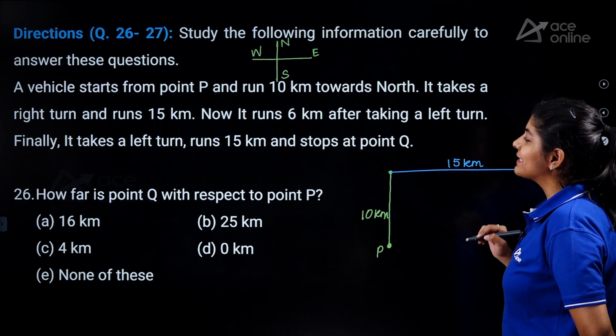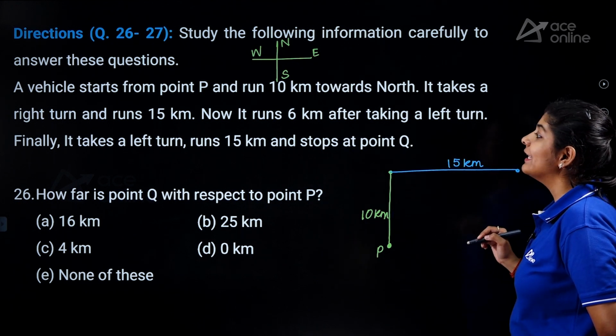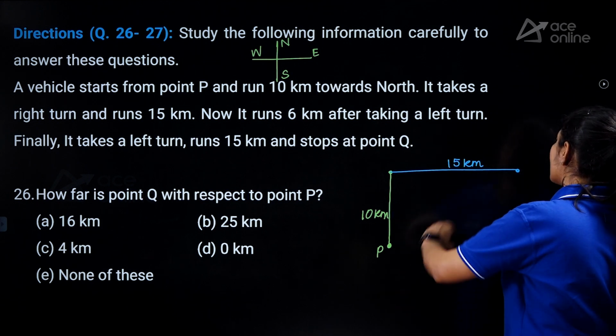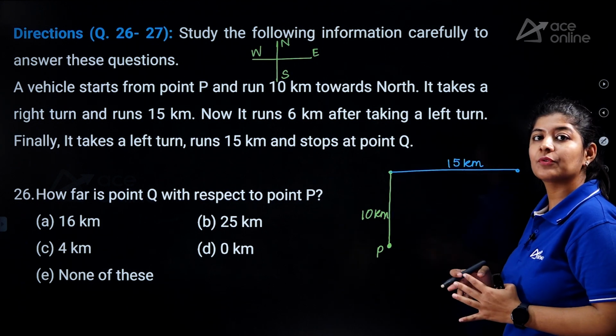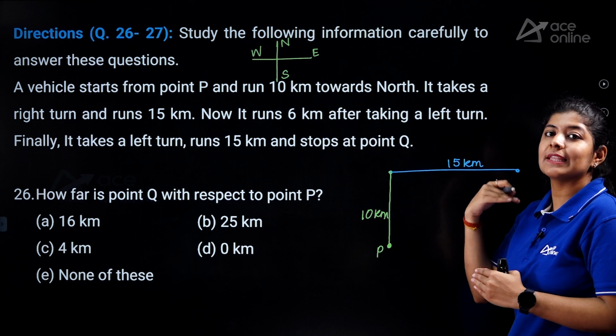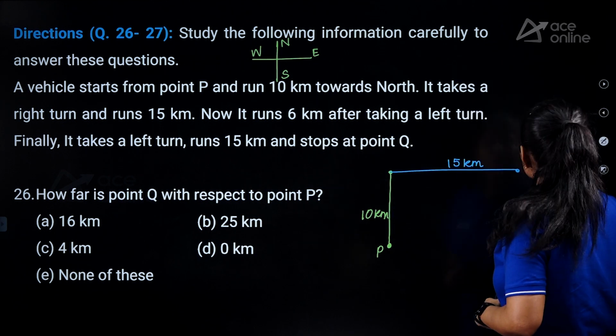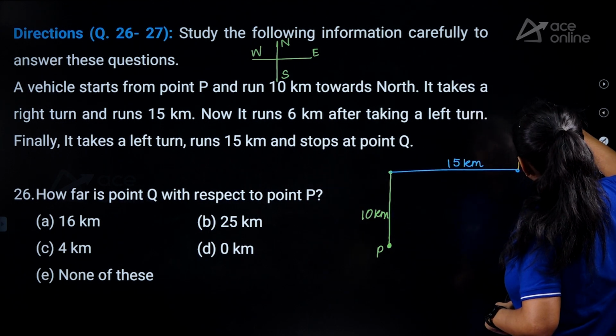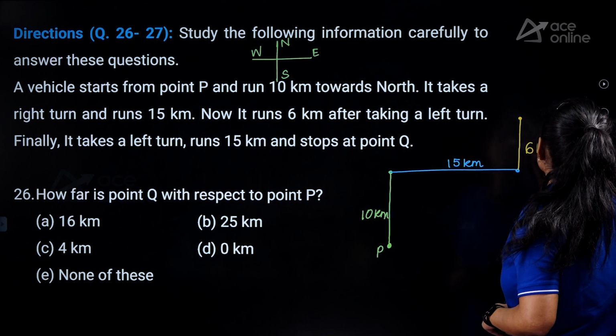Now it runs 6 km after taking a left turn. From this point we have to take the left turn and go for 6 km. Left turn means the anti-clockwise movement. So it will go in this direction, and let's suppose this is a 6 km distance.